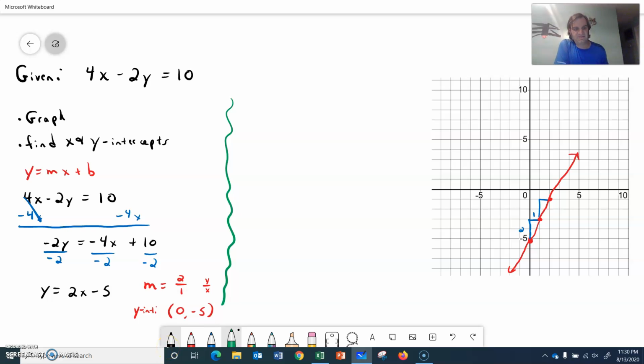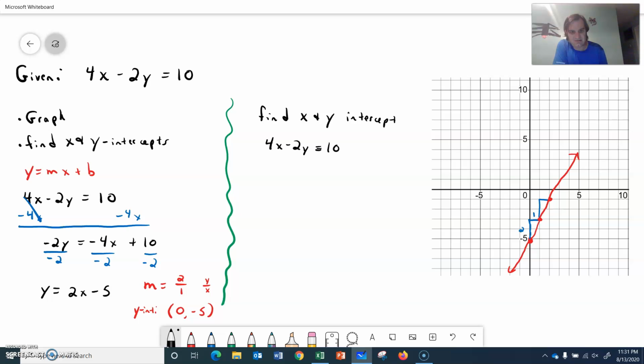Now I'm also going to find the x and y intercepts, and I'm going to do the y-intercept a little bit different this time. Let's just start with the 4x minus 2y equals 10.